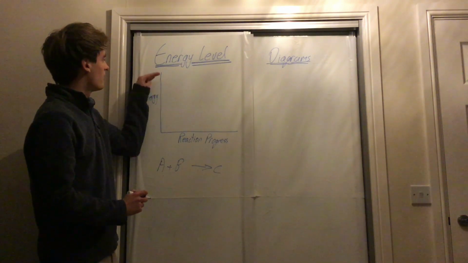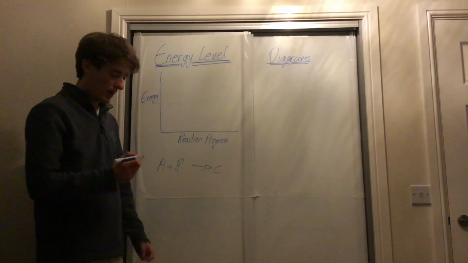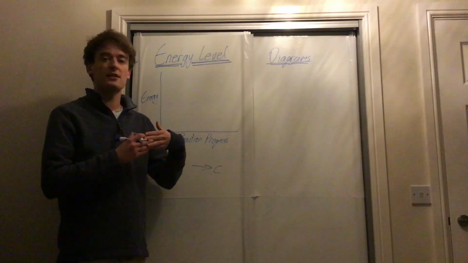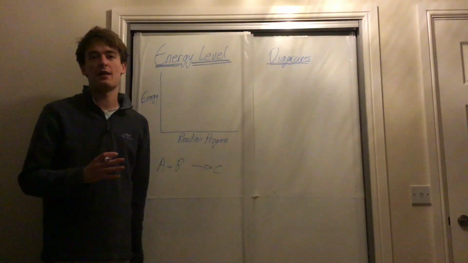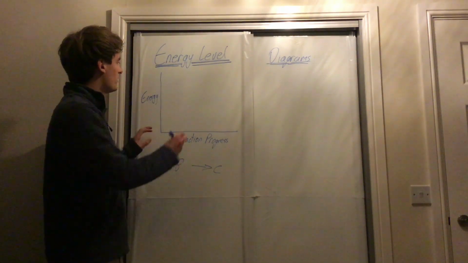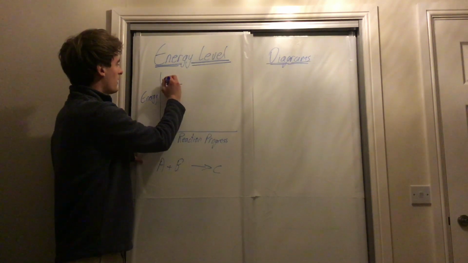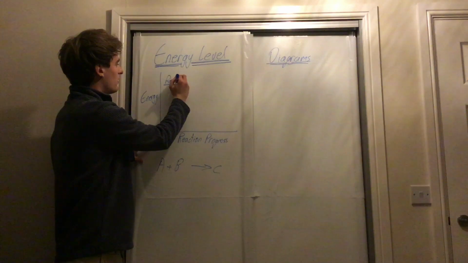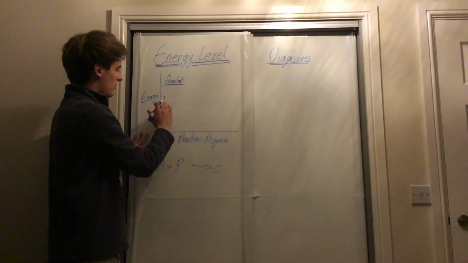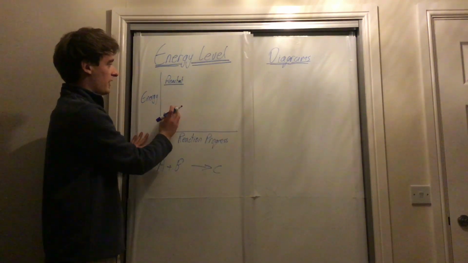Obviously, the higher up we go, the higher energy we're looking at. If I think about an exothermic reaction, heat is exiting the chemical system. So we start with our reactant level up here, because on this side of reaction progress I'm looking at my reactants.